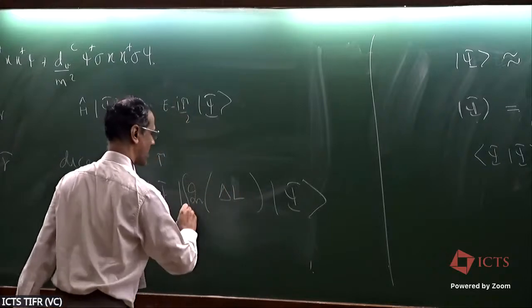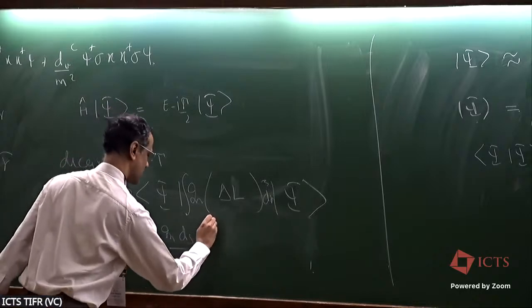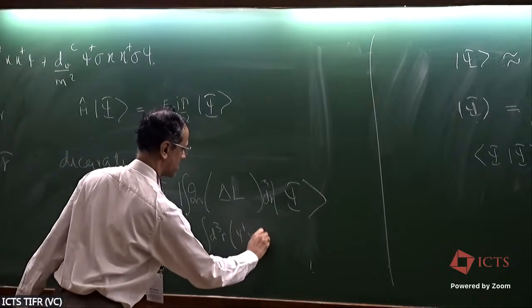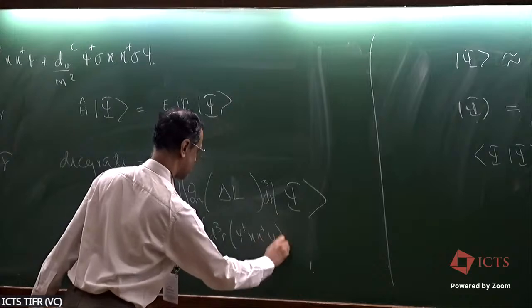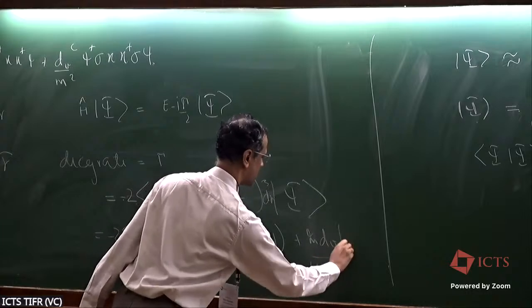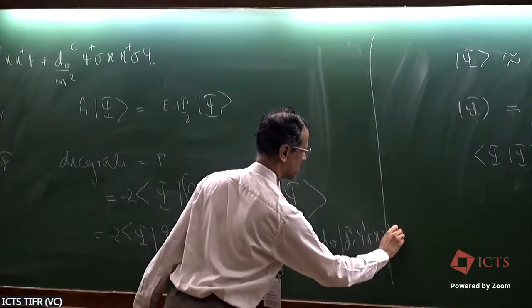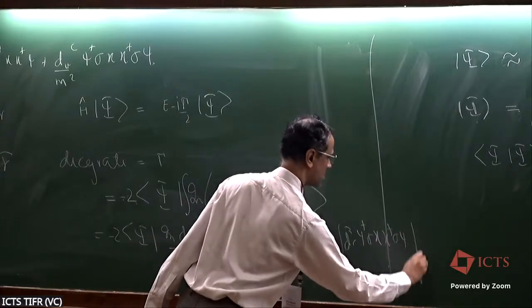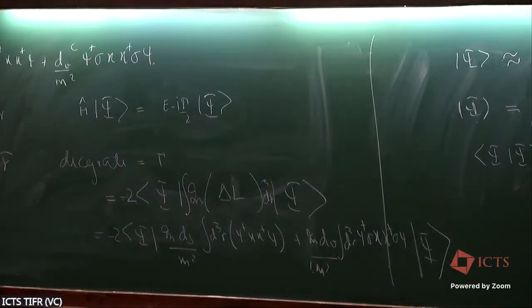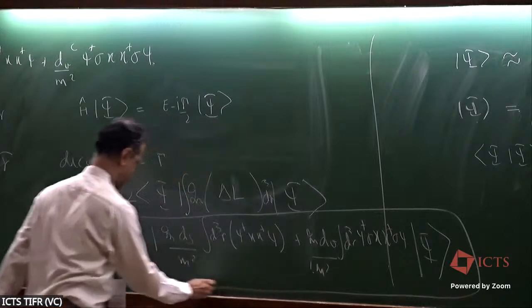I want the Hamiltonian. So that's it. My decay rate will simply be given by this particular quantity.